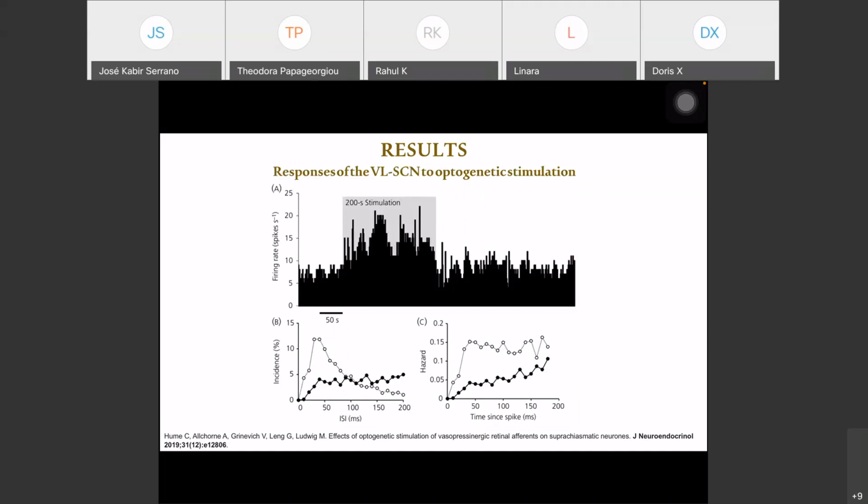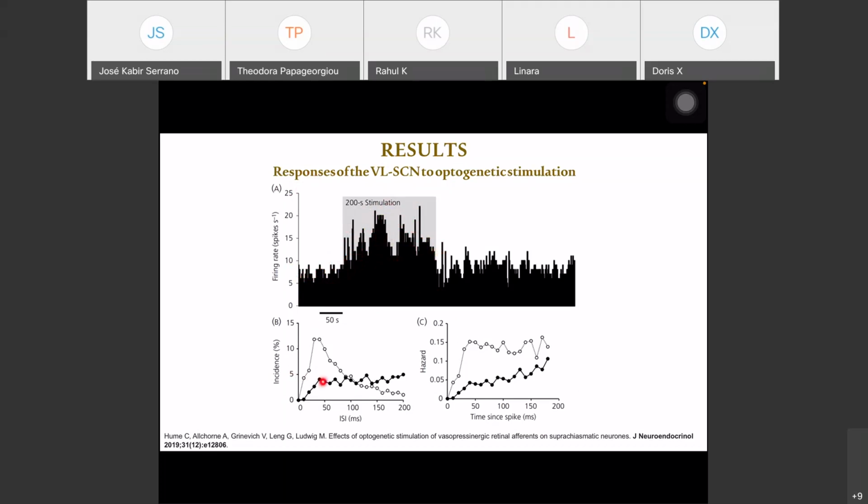So what did they find? They found that the response of the ventrolateral suprachiasmatic nucleus to optogenetic stimulation really happened after 200 second stimulation. Here we can see how the spontaneous firing rate and the interspike interval increased after the blue light stimulation in the responsive neurons.